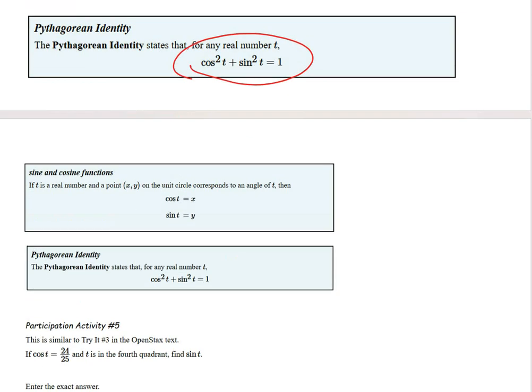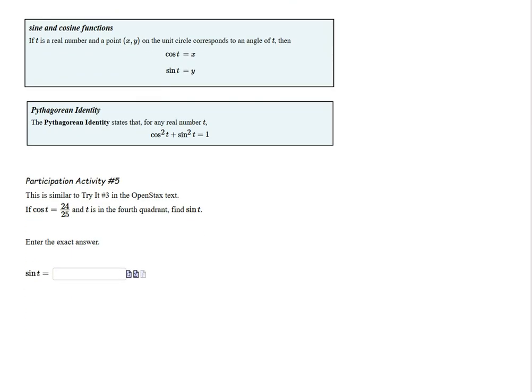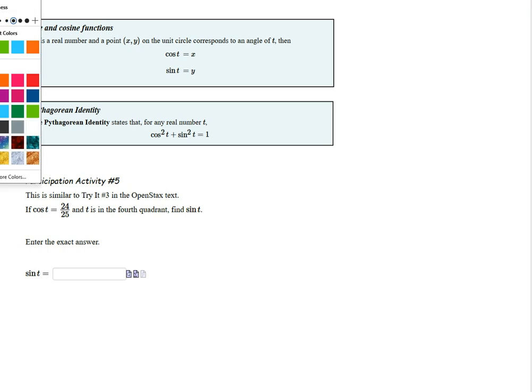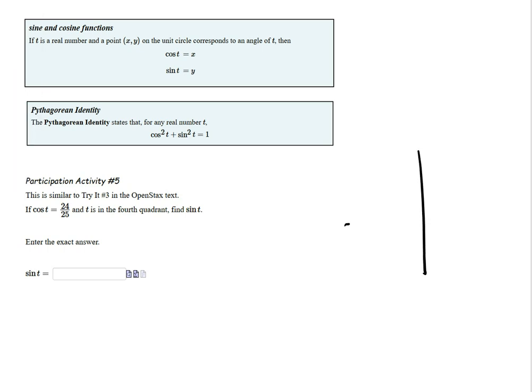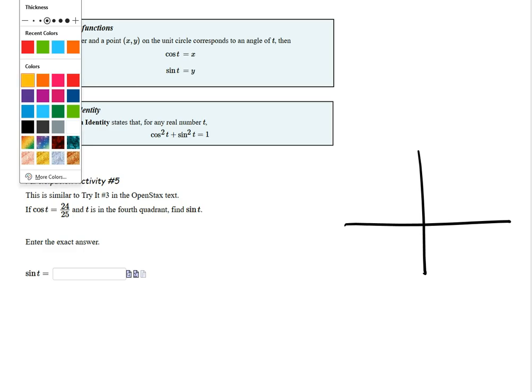So then when you go down to participation activity number 5, it says if the cosine of the angle t is 24 over 25 and t is in the 4th quadrant, find the sine of t. Okay, we're in the 4th quadrant. Here's x, here's y. Our angle measure of t, I will put that in yellow.